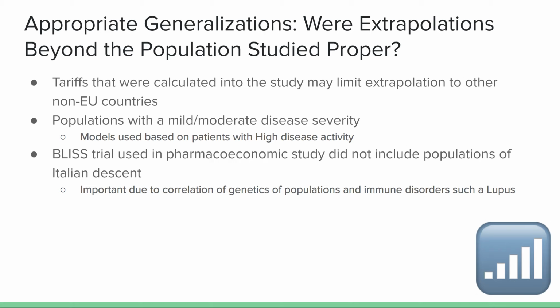And so also we may not be able to generalize results to patients with a more mild or moderate disease state, since in this study they're using a model with high disease activity. And as Dave kind of went over, the model may not be fully representative of an Italian lupus patient population, since the data is coming from the BLISS trial and Johns Hopkins models.